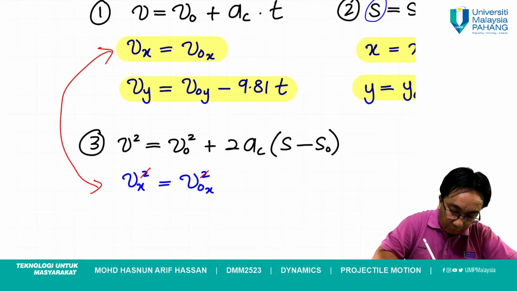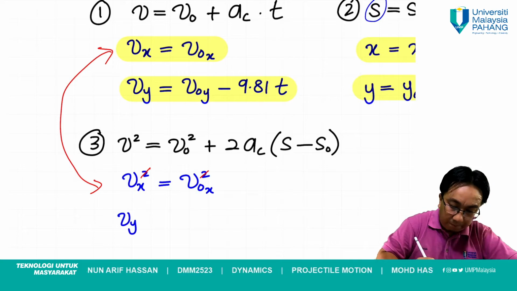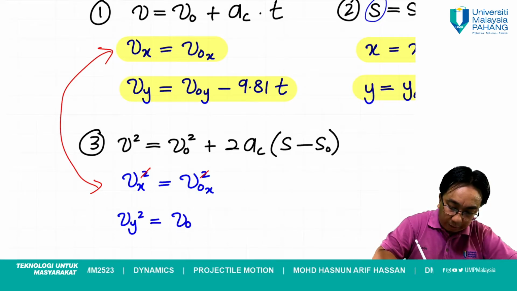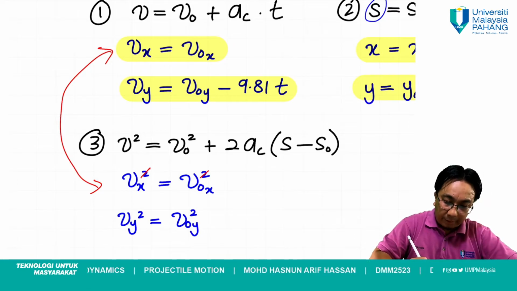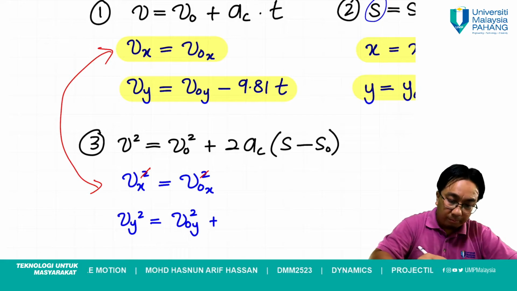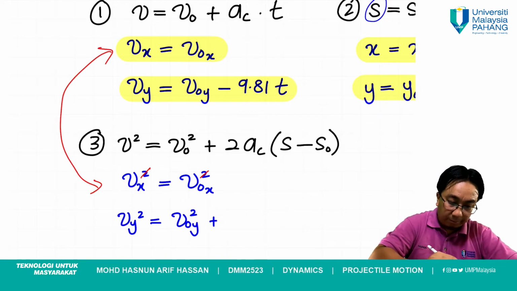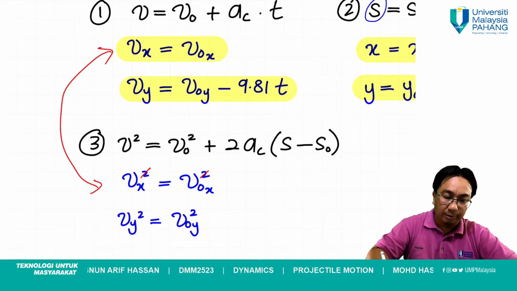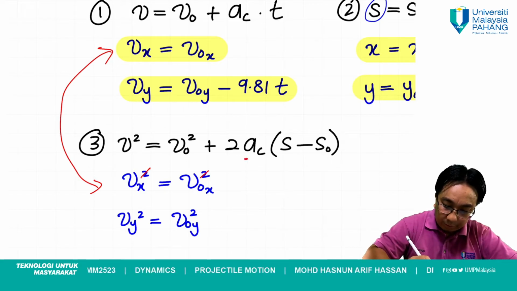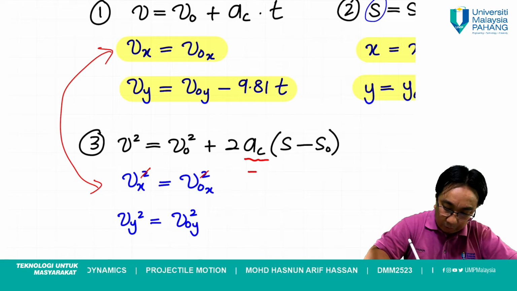Okay, sekarang you ada Vy square is equal to V naught Y square, bukan plus lah, minus, because AC here is minus. Okay, this one AC is minus 9.81.